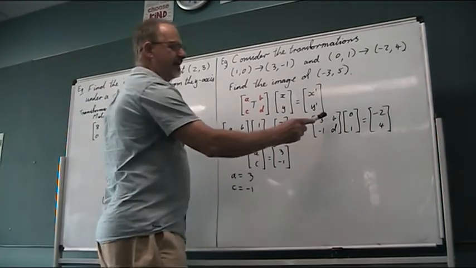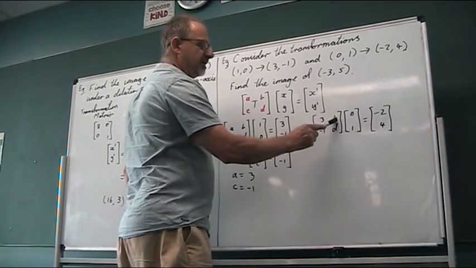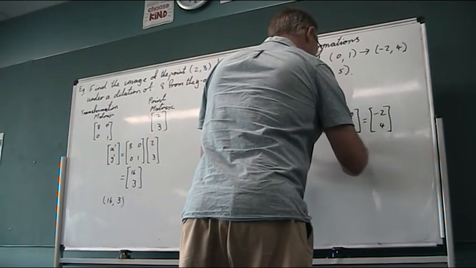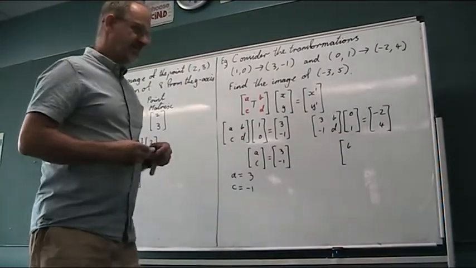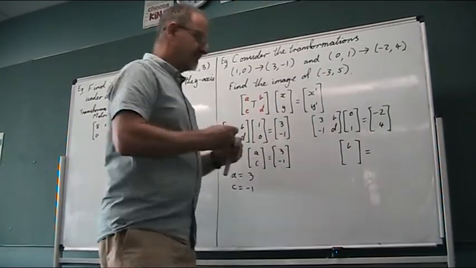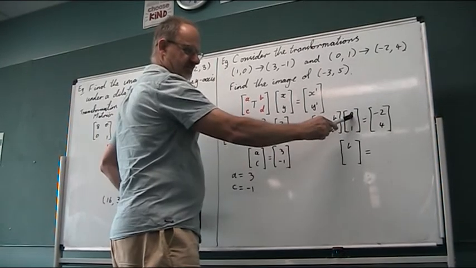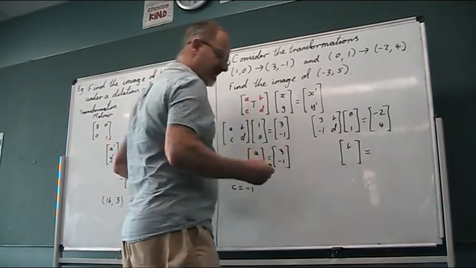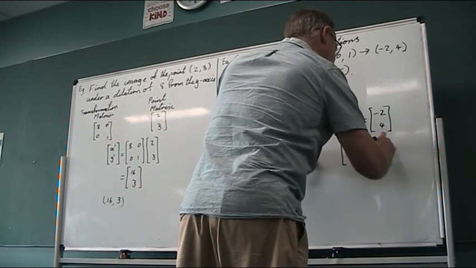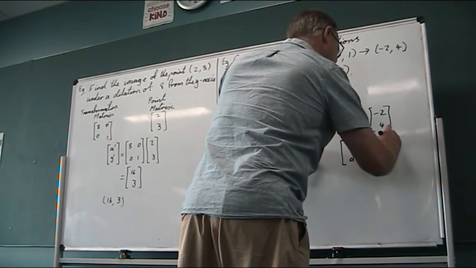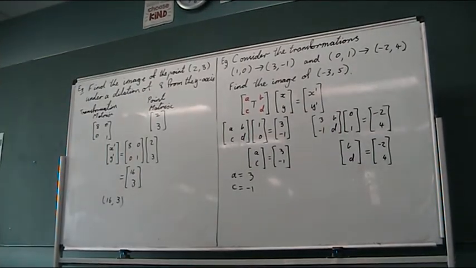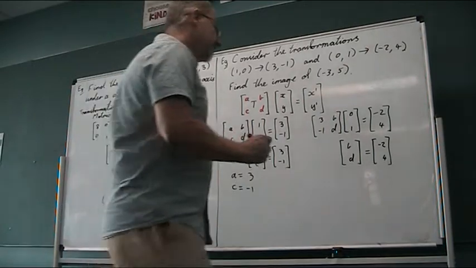Multiply that out. 3 times 0 plus B times 1 is just B. -1 times 0 plus D times 1 is just D. And so from that we can conclude that B is -2 and D is 4.